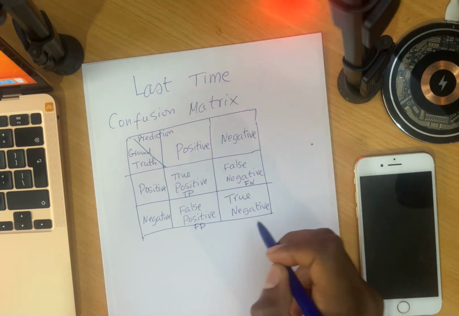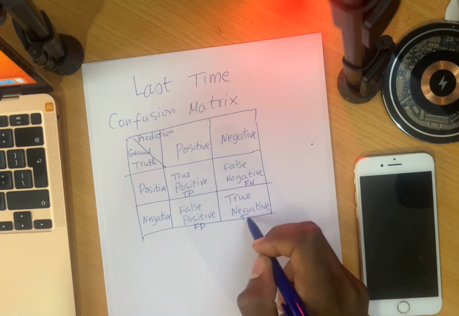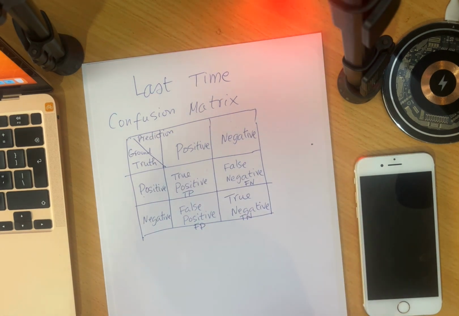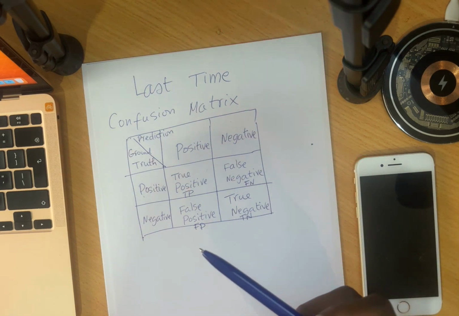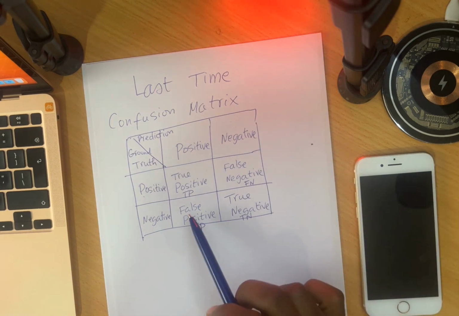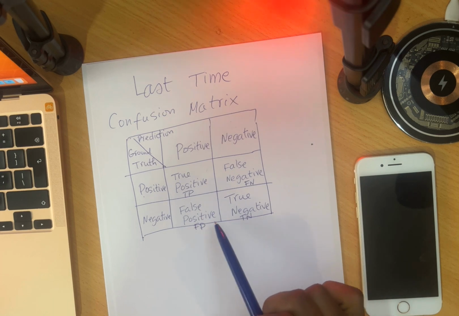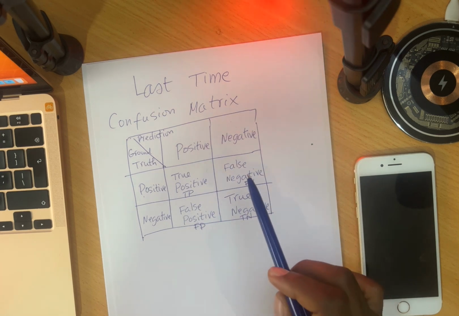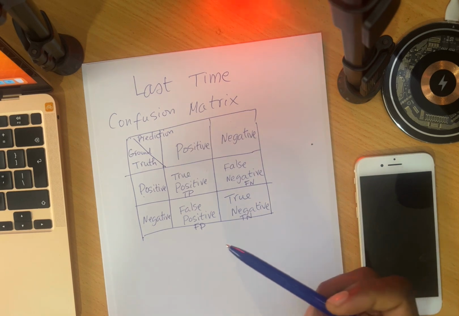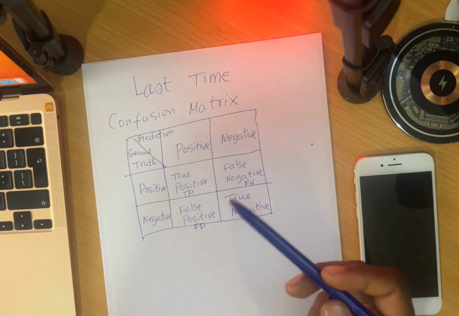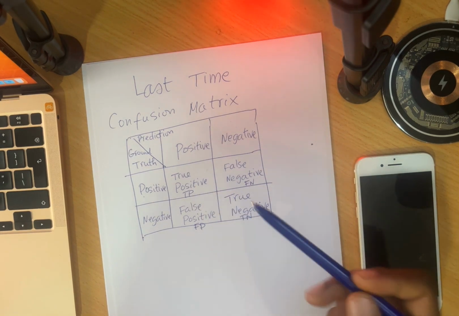This is TN. As I was saying, if you are lucky enough, you can have no false positives and no false negatives. Of course, we'll have a lot of true positives and true negatives.